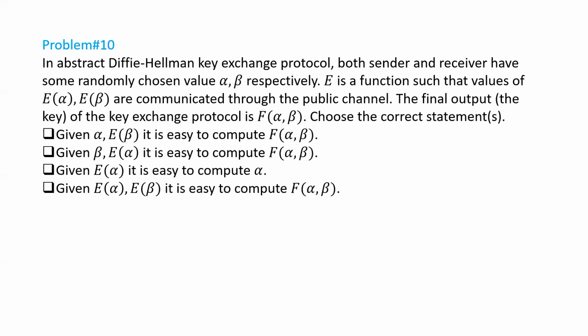Now choose the correct statements. Given alpha and E of beta, it is easy to compute f of alpha comma beta. Given beta and E of alpha, it is easy to compute f of alpha comma beta. Given E of alpha, it is easy to compute alpha. Given E of alpha and E of beta, it is easy to compute f of alpha comma beta. Would anyone like to answer?